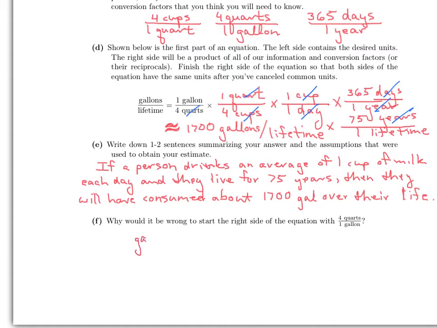Suppose we had gallons per lifetime. Suppose that was the left side, which it is right there. Why would it have been wrong to start the right-hand side with the reciprocal, 4 quarts per 1 gallon?